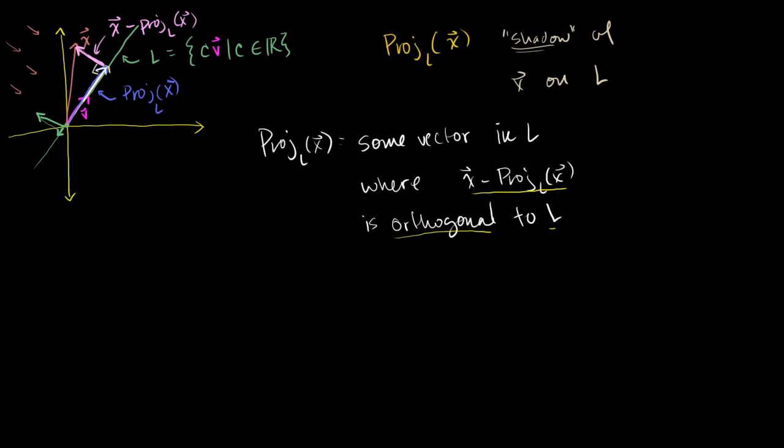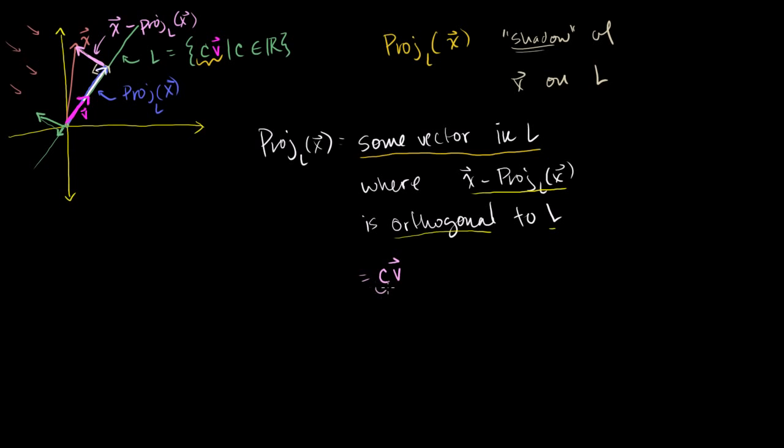So the first thing we need to realize is, by definition, because the projection of x onto L is some vector in L, that means it's some scalar multiple of v, some scalar multiple of our defining vector v right there. So we could rewrite our projection of x onto L as some scalar multiple c times our vector v.